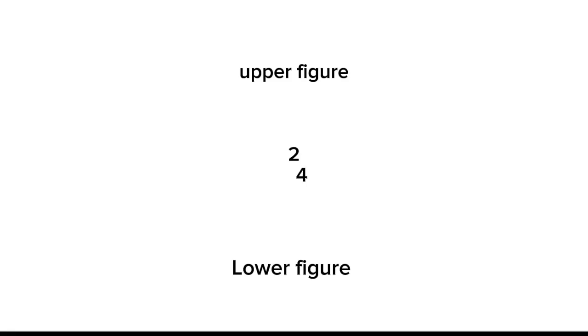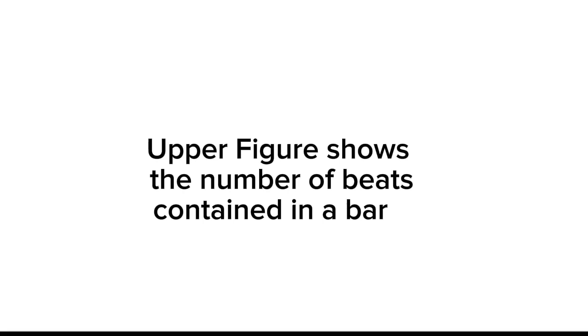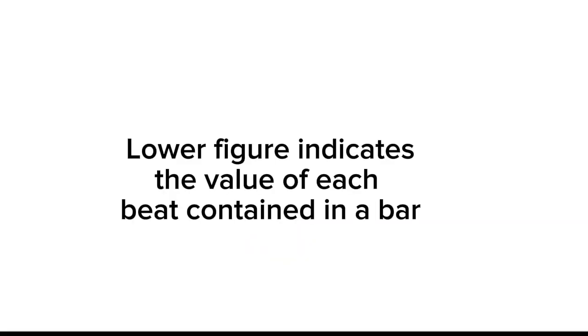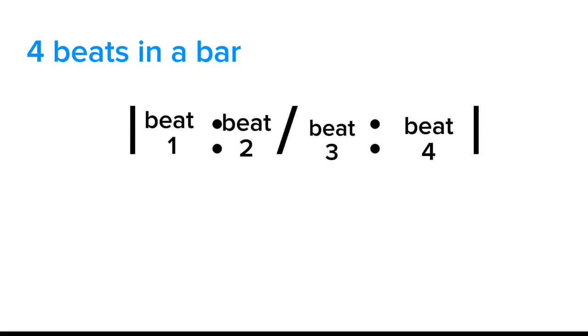Okay. Another important thing you need to know about time signature is, when you look at every time signature, be it simple time or compound time, the upper figure tells you the number of beats contained in every bar, while the lower figure tells you the value of each of those beats contained in that bar.